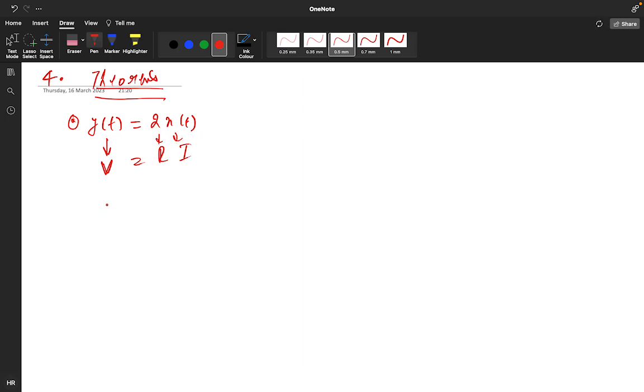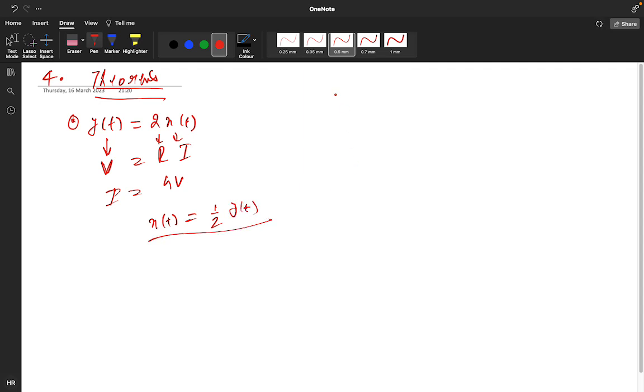It's just an example, and you can also think like this: I is equal to j into v. Or x of t can be written as 1 by 2 y of t.